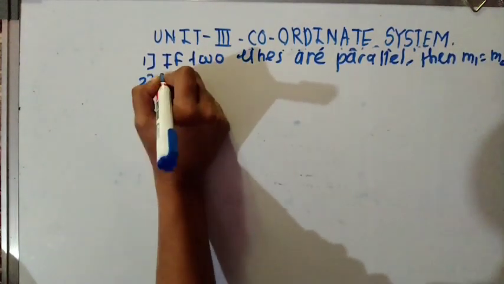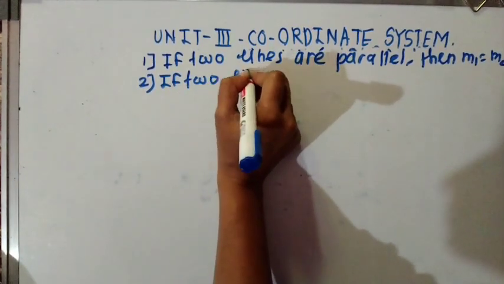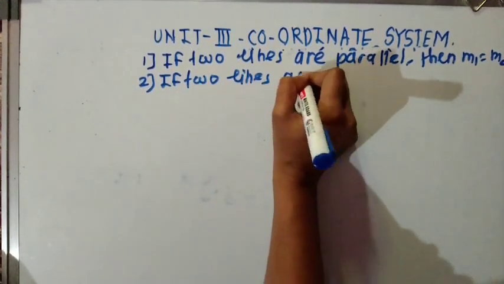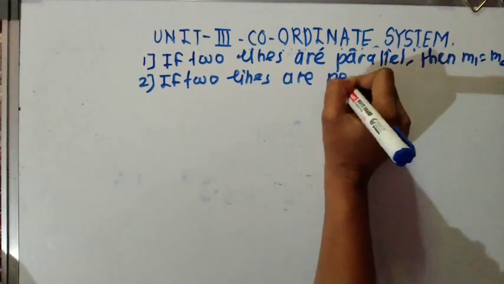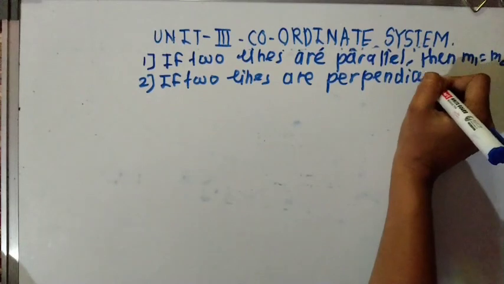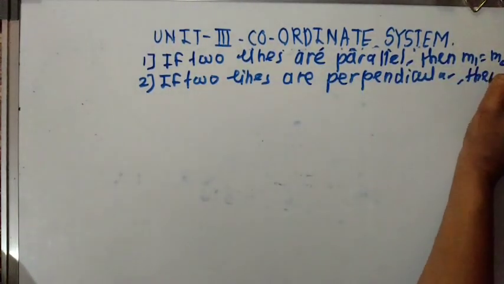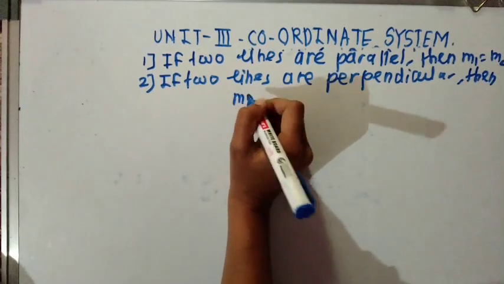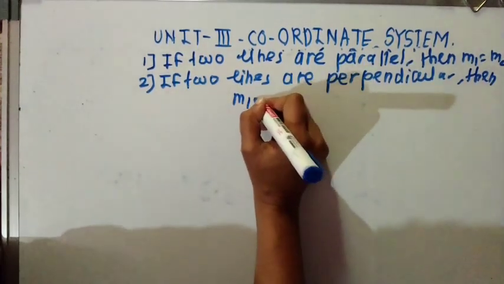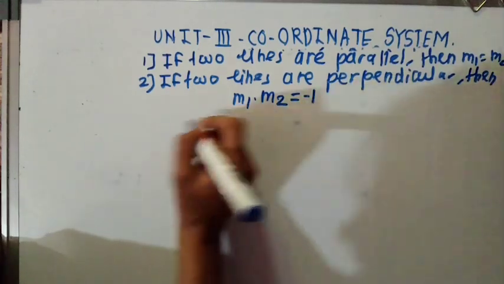And second, if two lines are perpendicular, then m1 into m2 is equal to minus 1.